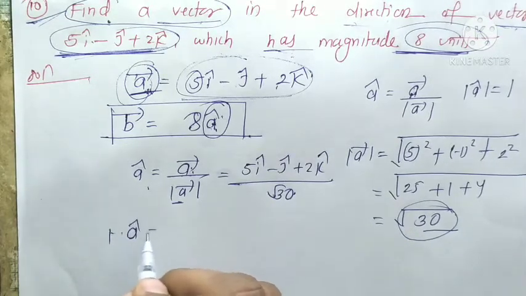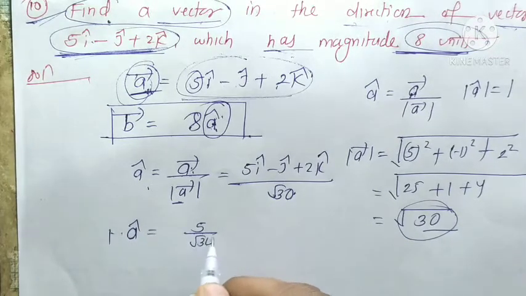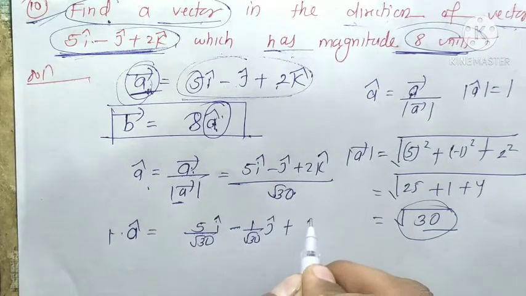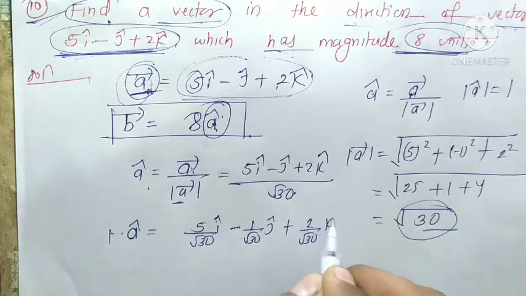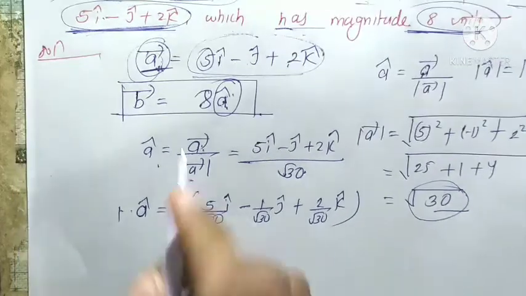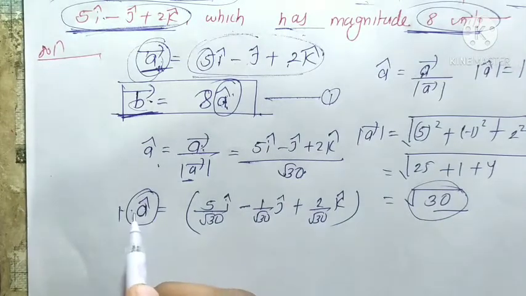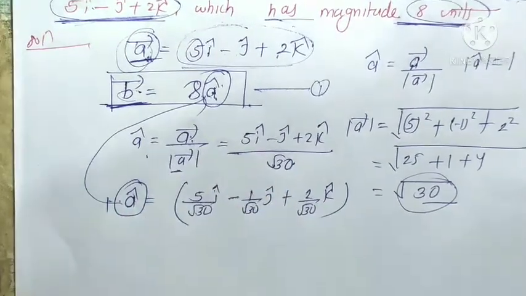So a cap is equal to 5 upon under root 30 i minus 1 upon under root 30 j plus 2 upon under root 30 k, and we have to find this vector b. Now after that we put this value of unit vector in equation number 1.